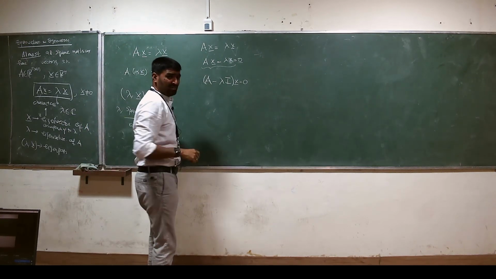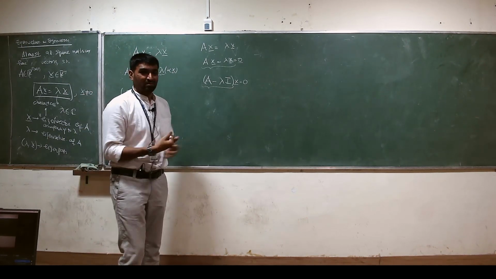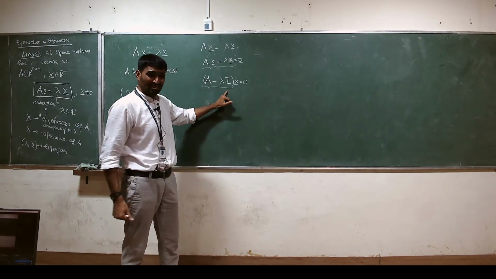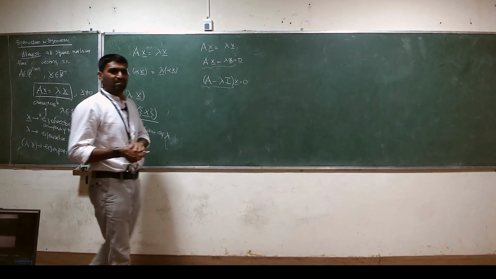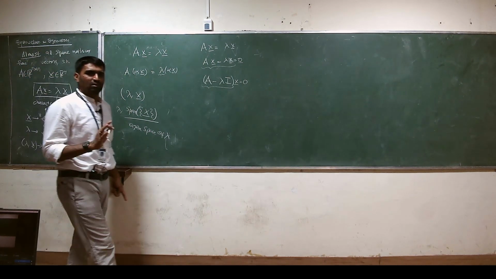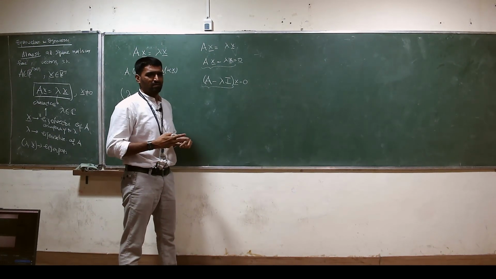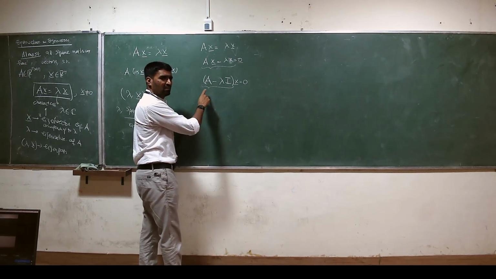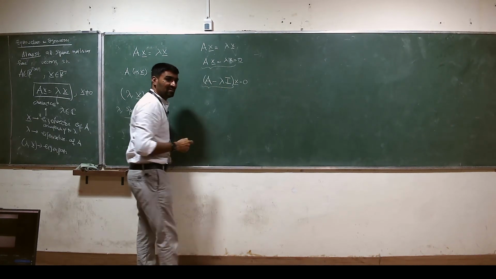If this is 0, and X is non-zero, what does it say about this matrix? You have to go back to your solution of linear equations. You have a matrix multiplied by a non-zero vector that produces 0. A need not be 0, but what does it say about the matrix A minus lambda I?